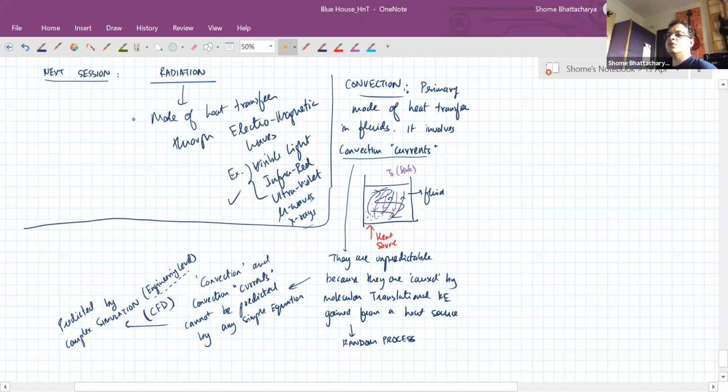That mode of heat transfer is called radiation, and radiation does not involve any material medium.